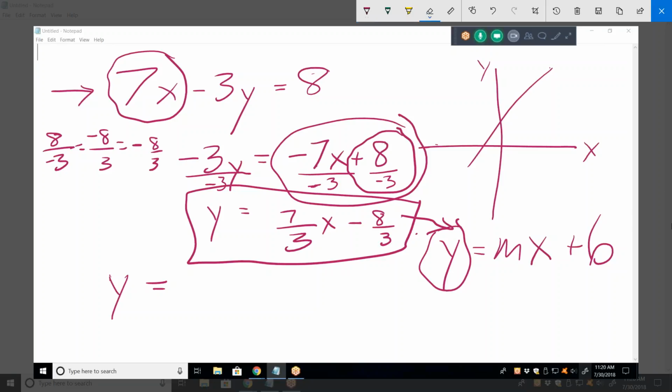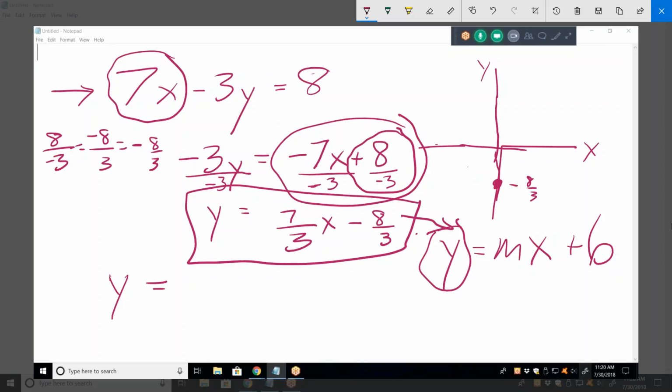So tell me how to graph that. The y-intercept is negative 8/3.